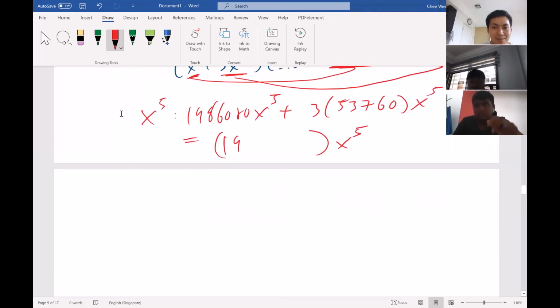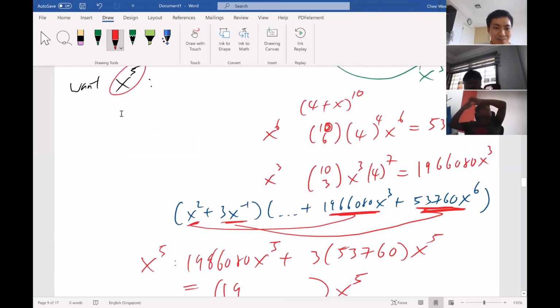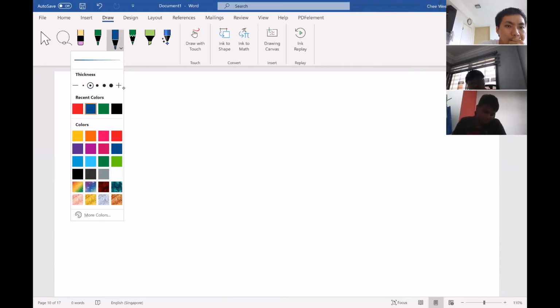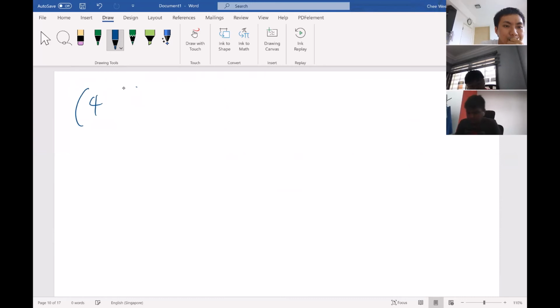Okay, Yen is okay with this? Yes. Okay, so you will try the next one. Let's say I have 4 over x squared plus x. This will be a bit more hardcore, so go slowly. Then x plus 3x squared to the power of 10 again, okay?